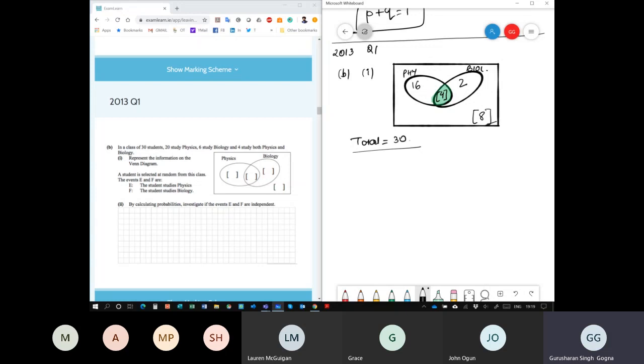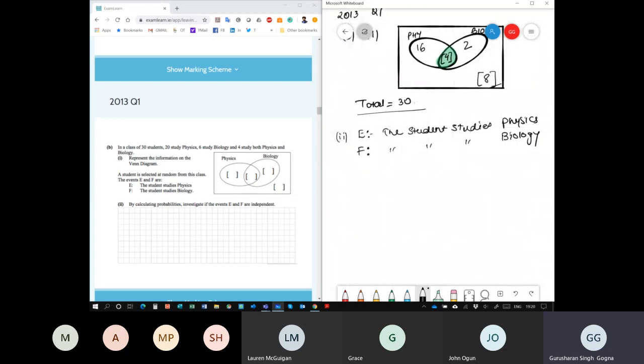A student is selected at random from this class. Event E is the student studies physics, and event F means the student studies biology. So they are selecting one student from this class.